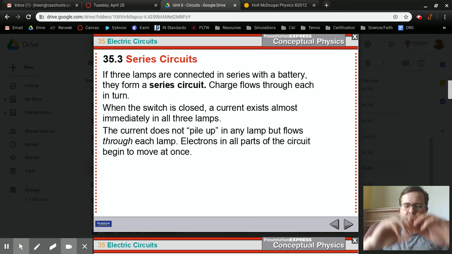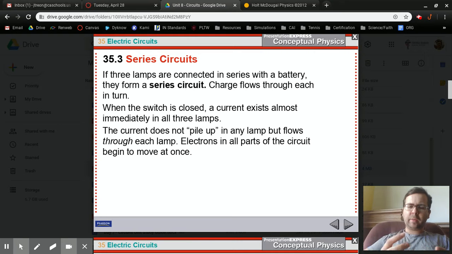When you have a circuit and you turn it on, it's not that the electrons are all piled up in the battery ready to burst out. It's more like whenever the circuit is connected, electrons are already everywhere because everything is electric. And so whenever you connect the circuit, all of those electrons start moving at once. Electrons don't pile up at any part in a circuit. That never happens. Instead, they all just start moving at the same time, simultaneously.